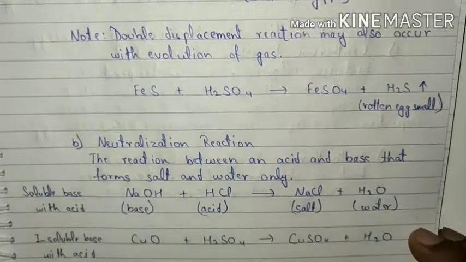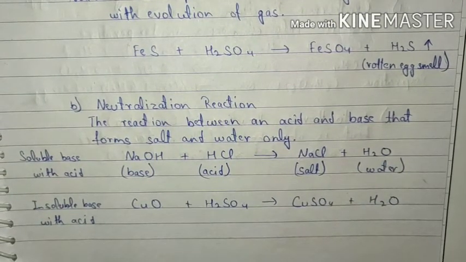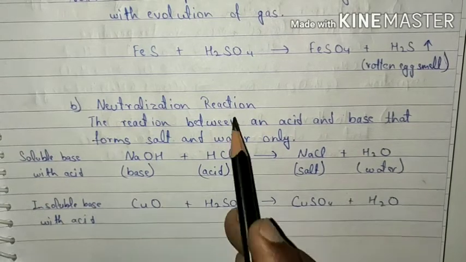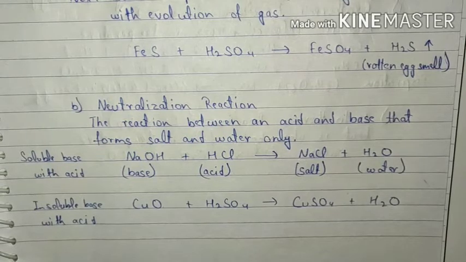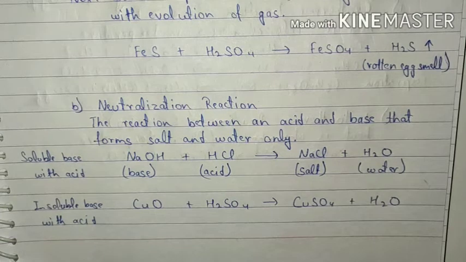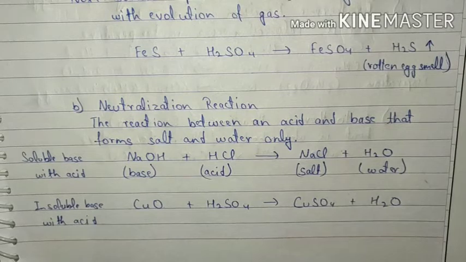Moving further, we have the second type of double decomposition reaction, that is neutralization reaction. On reaction of an acid and a base, we observe formation of salt and water only, and this is termed as neutralization reaction, since acid and base neutralize each other.